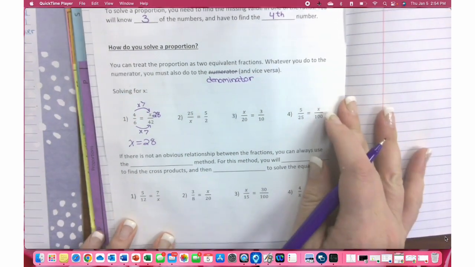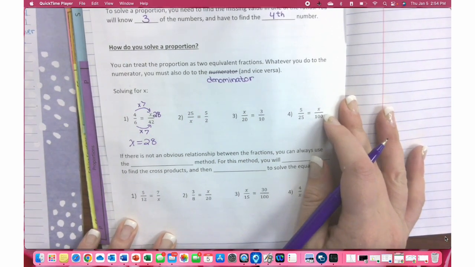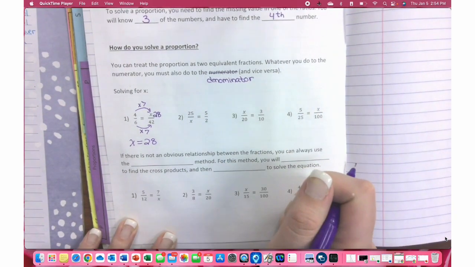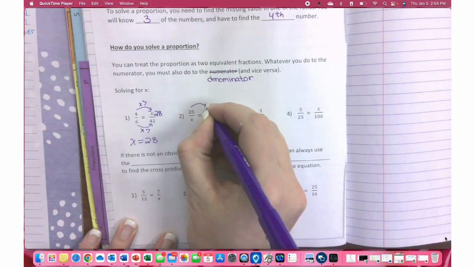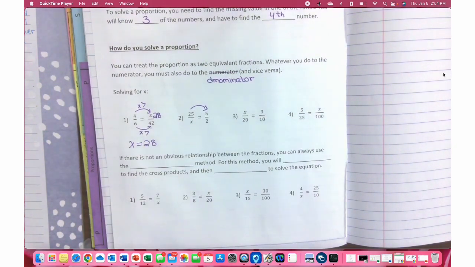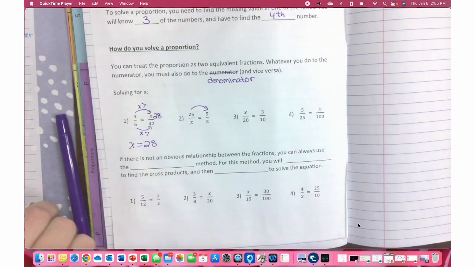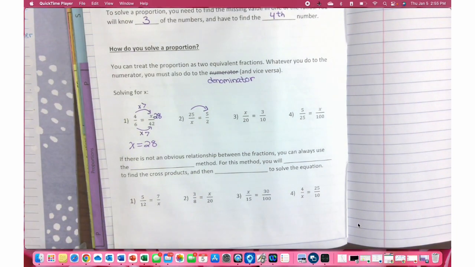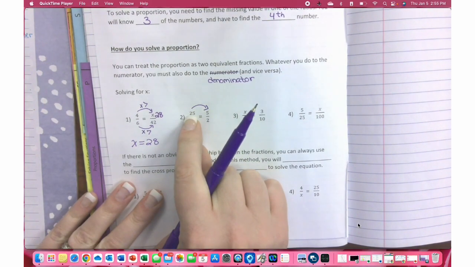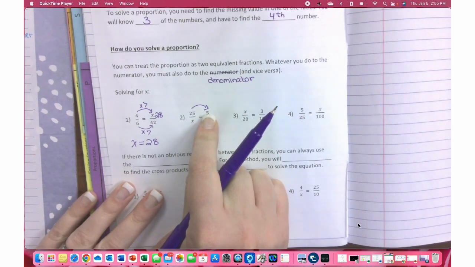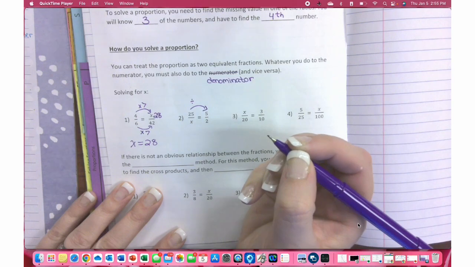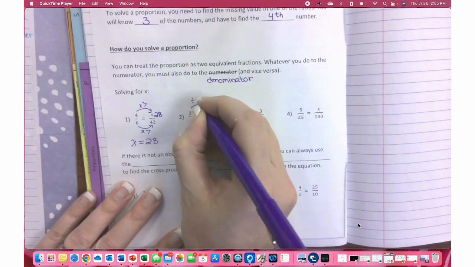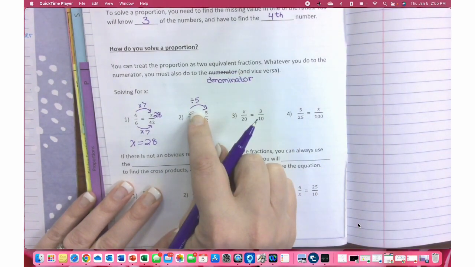We're going to take the same approach in number 2, except this time I know both of my numerators. So I'm going to look at how I go from 25 to 5. To turn a 25 into a 5, my number's getting smaller, so I'm going to be dividing. So I have to figure out what I'm dividing by. 25 divided by 5 would give me 5.